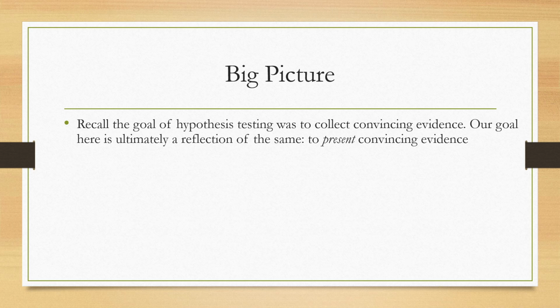Now, all of this is based in logic and reason. All of this is based in trying to convince someone of something. And oftentimes it's yourself. You're trying to convince yourself of what happened or why you should move in one direction or another.